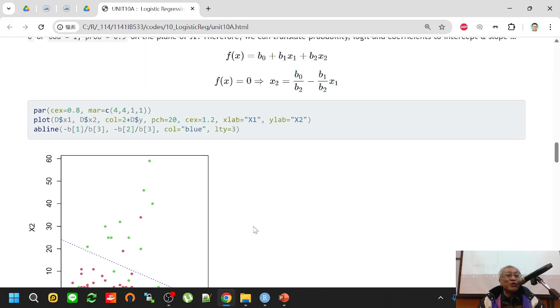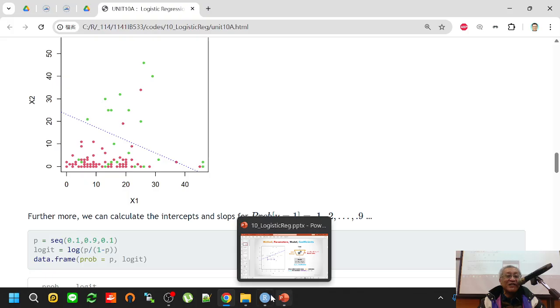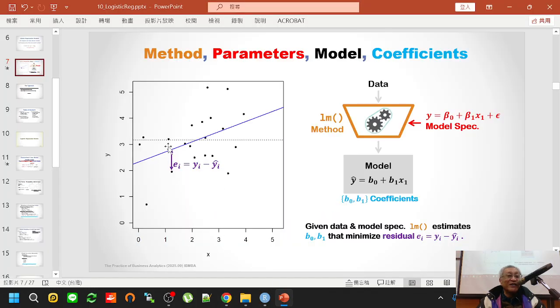Just like in linear regression, you find a line that minimizes the error between the estimated value and the actual value, right? This is for linear regression.